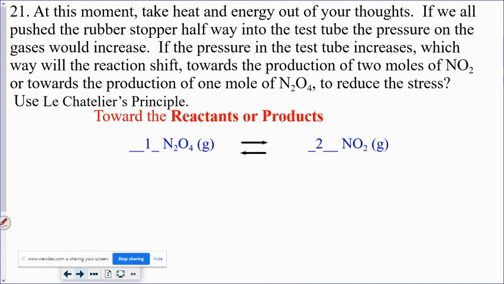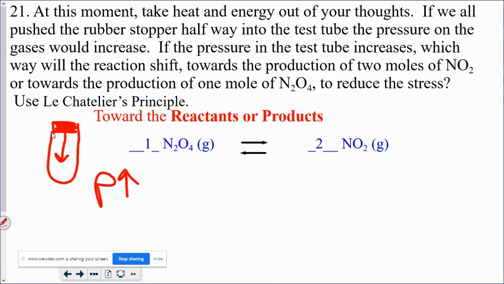So at this moment, take heat and energy out of your thoughts. If we pushed a rubber stopper halfway down in the test tube, so again, this experiment that we did, we used some test tubes. This is the rubber stopper on top. It's saying if we took that rubber stopper and we squished it down, so in other words, we made the pressure go up, which way would it shift?